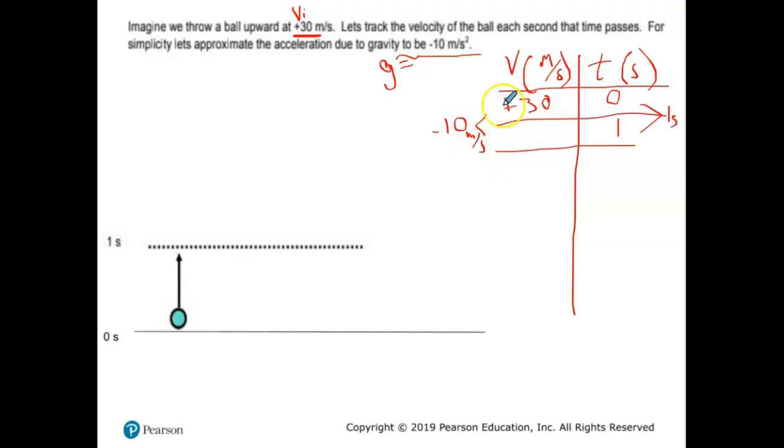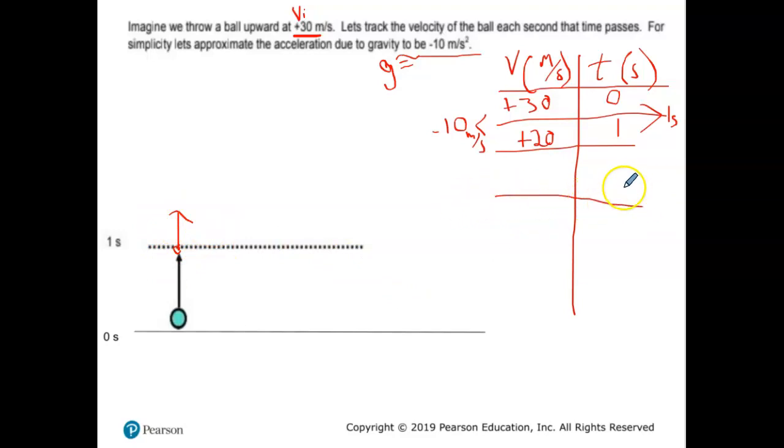So if I take 30, add negative 10 to it, I'm going to get a positive 20. So after 1 second of time, this ball is here at 1 second at this point, and it's moving up, and the velocity has gotten less. So that's our velocity at 1 second.